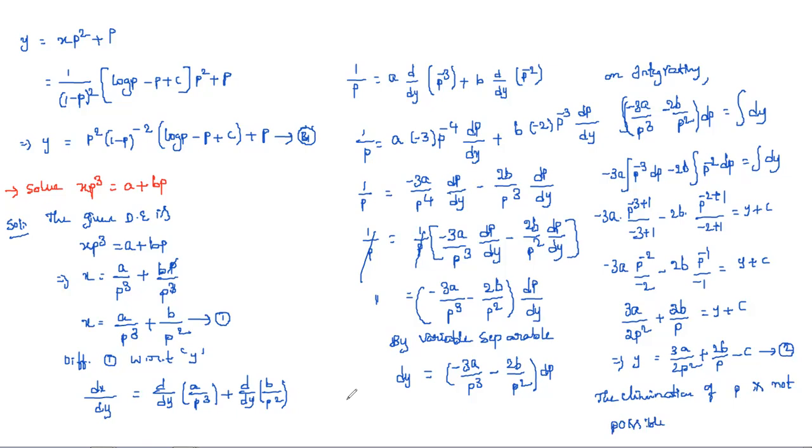So therefore, what is the general solution of equation 1? Here what we got is y is equal to 3a by 2p square plus 2b by p minus c, and another one is xp cube is equal to a plus bp.